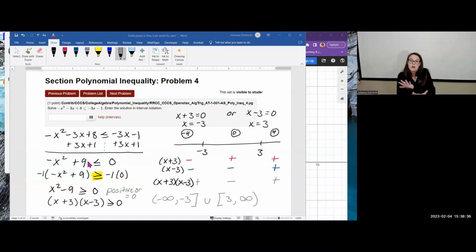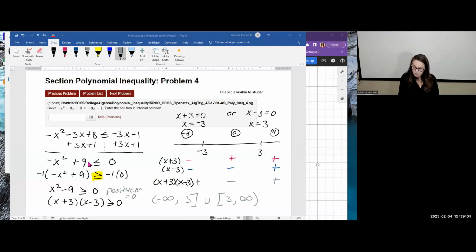In effect, that also reverses the symbol because it puts the variable term on the wide end of the symbol. Either way, you should come up with x squared minus 9 greater than or equal to 0. That means that it's either positive or equal to 0. So when we factor x squared minus 9, a difference of two squares, we get x plus 3 and x minus 3. These have the two solutions, -3 and 3.